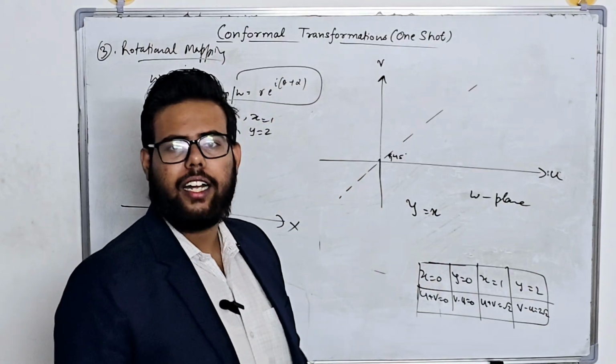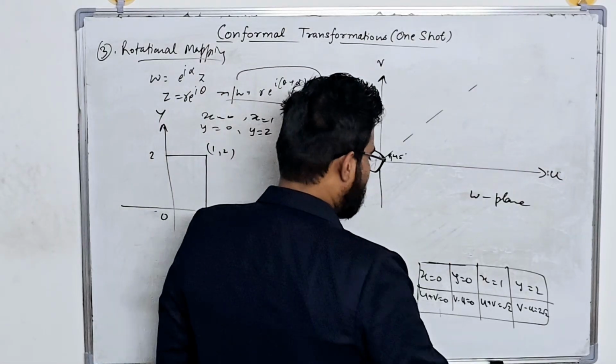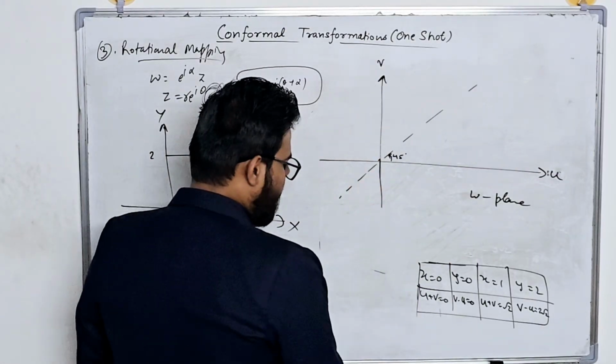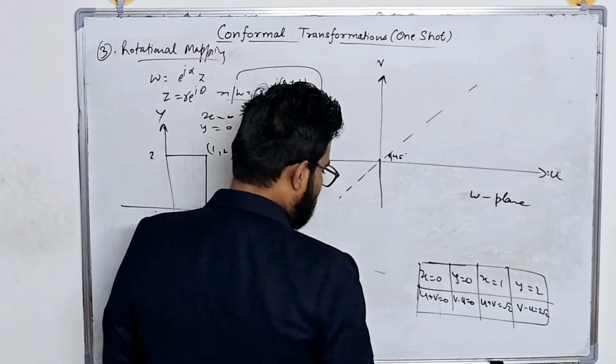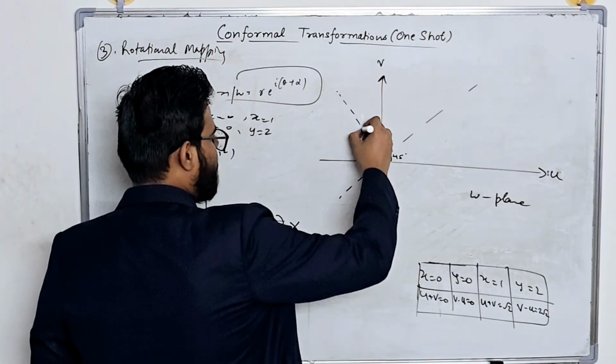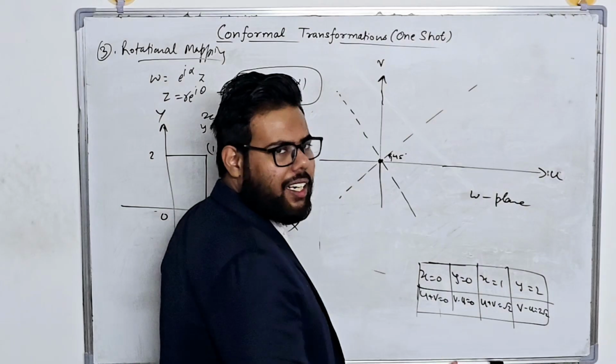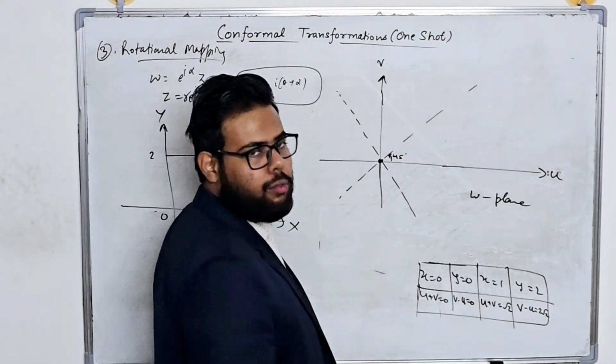We all know that this line is inclined by 45 degree, right? So we have this, and how does v plus u equal to 0 look? That is v is equal to negative u. It looks like this, passing through origin.